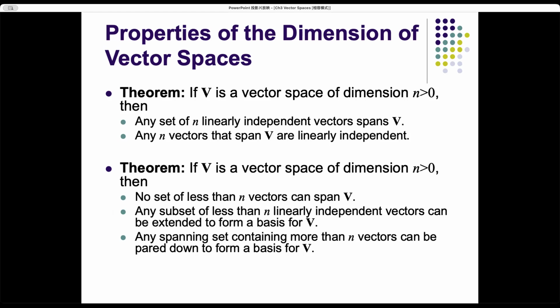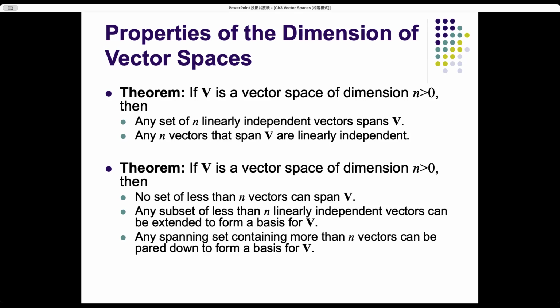If they can span V, then again we have an issue, because that means the dimension of this space V is less than n, right? So since they do not span V, there must be some vector in V that cannot be spanned by these vectors.